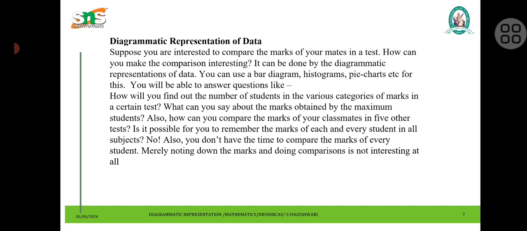Also, how can you compare the marks of your classmates in 5 other tests? Is it possible for you to remember the marks of each and every student in all subjects? No, and you also don't have the time to compare the marks of every student. Merely noting down the marks and doing comparisons is not interesting at all.